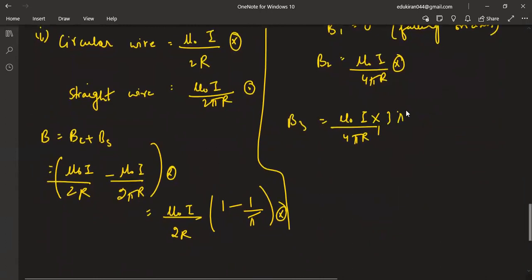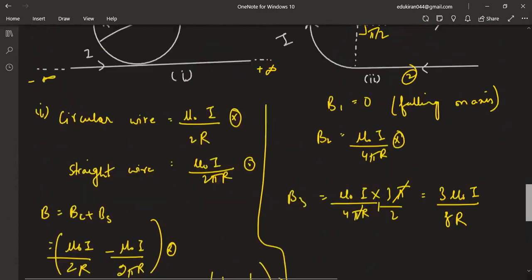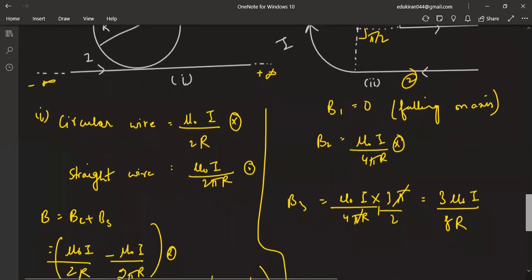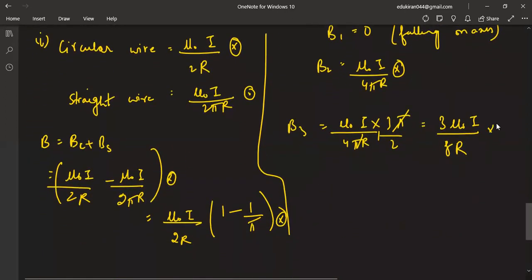So this becomes 3 pi by 2, pi gets cancelled. You are left with 3 mu naught I by 8r, 2 into 4, this is 8r. And I think the direction is also the same. Yes, curling is occurring in the same direction. If you curl the fingers of your right hand clockwise, the thumb will go inwards only. So this is also inwards, so here you will add. Net B1 is 0 only.